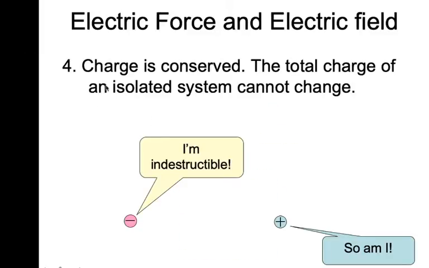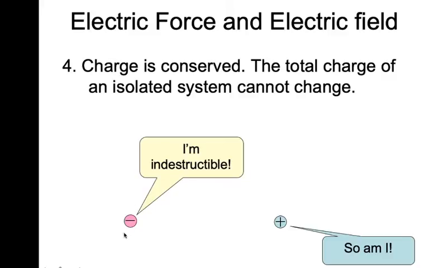All right, charge cannot be created or destroyed. Just like energy, the charge needs to be conserved. It needs to be constant, right? This negative charge can't just disappear. When these two join up and form a neutral charge, the net charge stays the same.